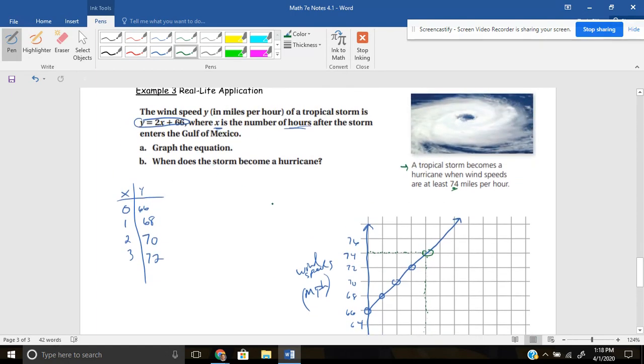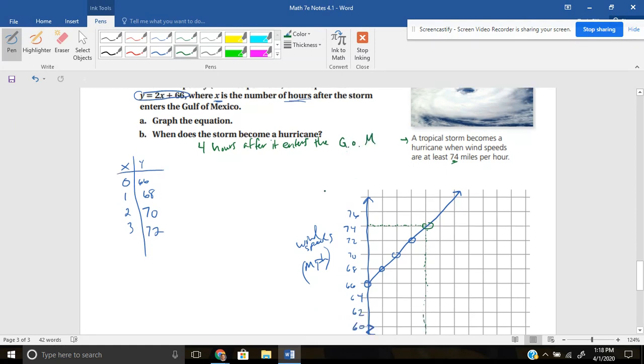So when does the storm become a hurricane? The storm becomes a hurricane 4 hours after it enters the Gulf of Mexico.